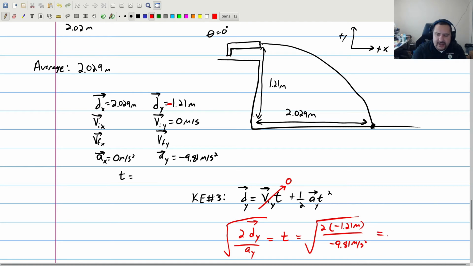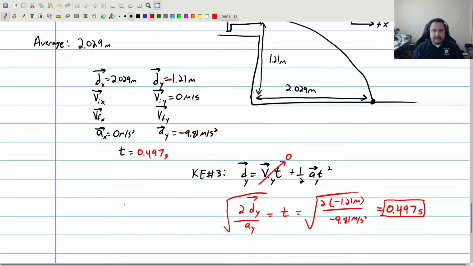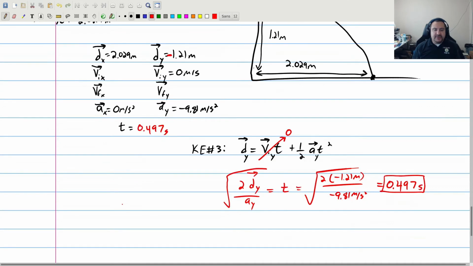This is equal to a time of 0.497-ish seconds. All right, so there is our time that it takes for this thing to drop, 0.497 seconds.